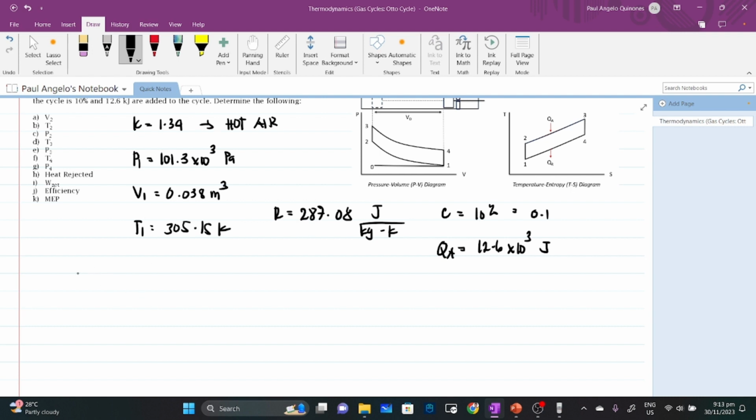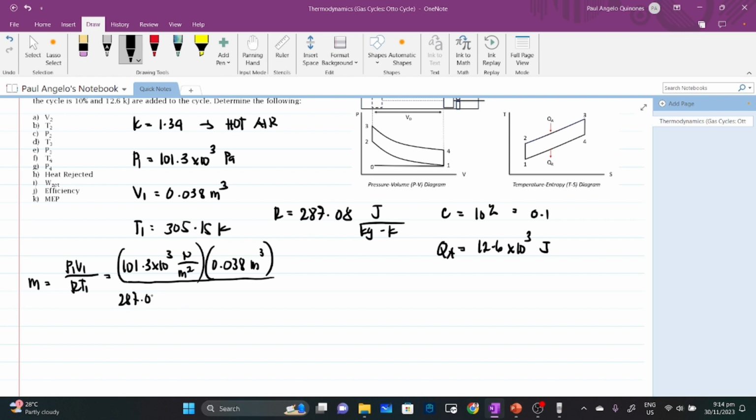Immediately we can solve for the mass of the substance, which is given by P1 V1 over R T sub 1. What is P1? That is 101.3 kilopascals, that is in Newton per meter squared, times V sub 1, that is 0.038 cubic meters, over R, which is 287.08 joules, that is Newton meter per kilogram Kelvin, times T sub 1, that is 305.15 Kelvin.